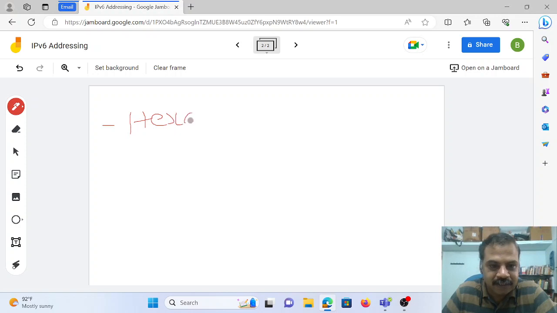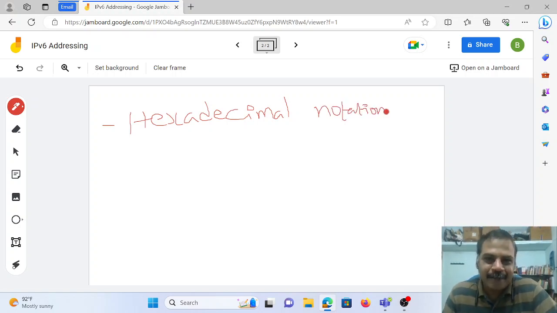Have you seen any IPv4 address using hexadecimal notation? No. An IPv4 address, as a binary number, is a consecutive sequence of 32 bits, but even that we represent using decimal notation.